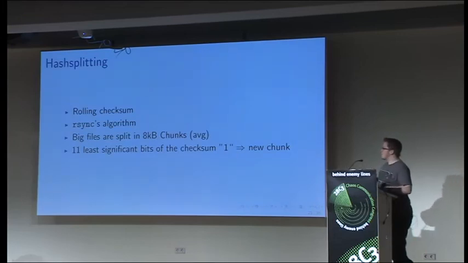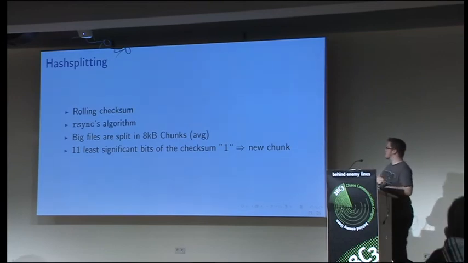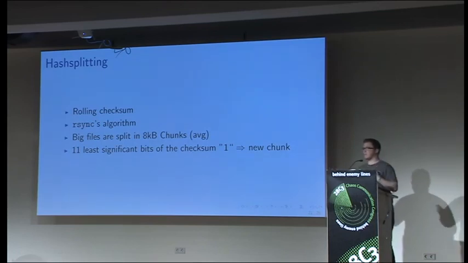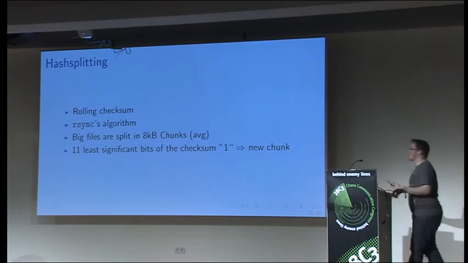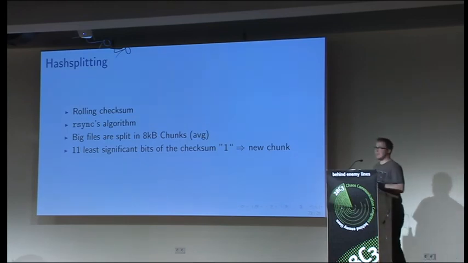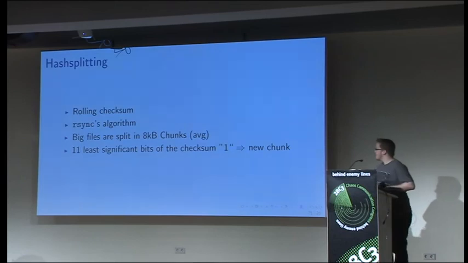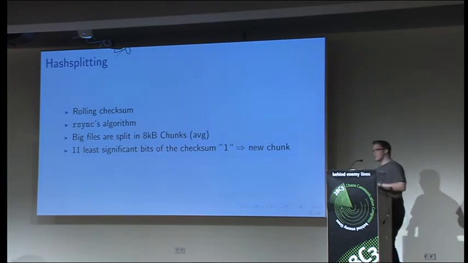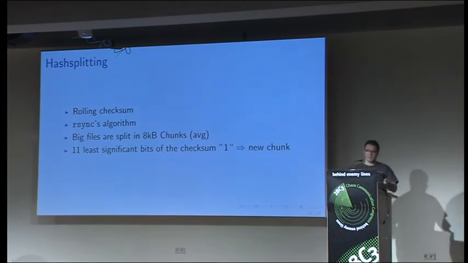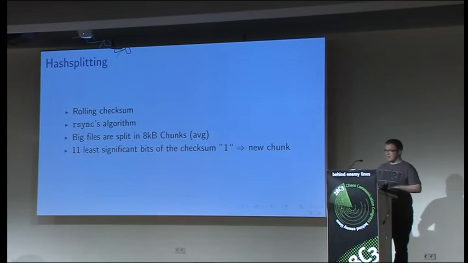And if this hash sum has 11 ones in the least significant bits, we create a new chunk. Why 11? Don't ask us. If you have a better number, come to the mailing list and help us. Computer science to the rescue. So we have an average 8 kilobyte chunks and save big files in 8 kilobyte chunks. So this is how we get deduplication.